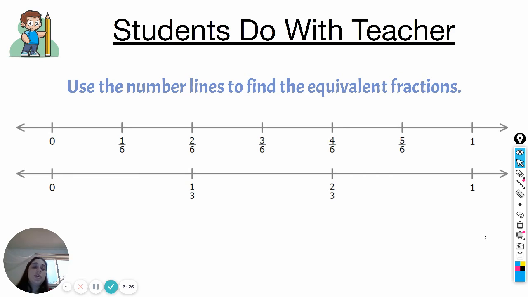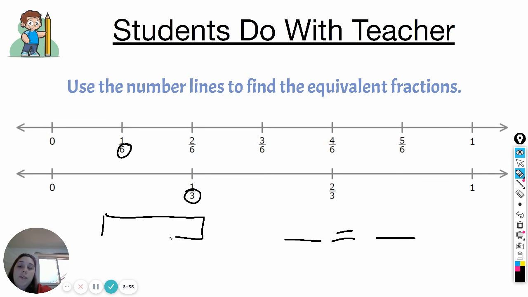What I want you to do is just go ahead and set up on your whiteboard a fraction equal to another fraction. You look at our denominators, we have a denominator of 6 and a denominator of 3.